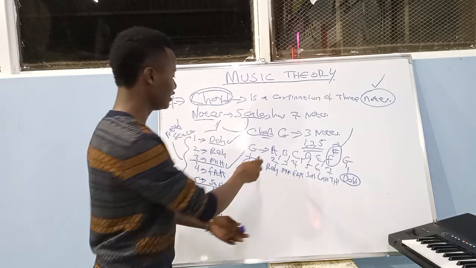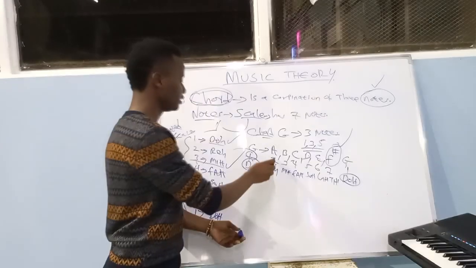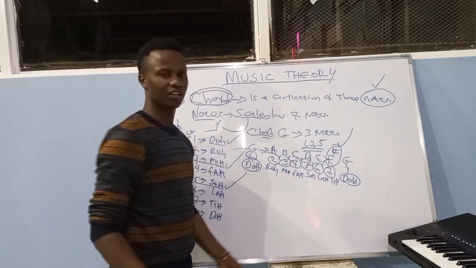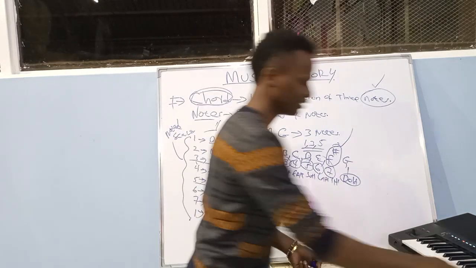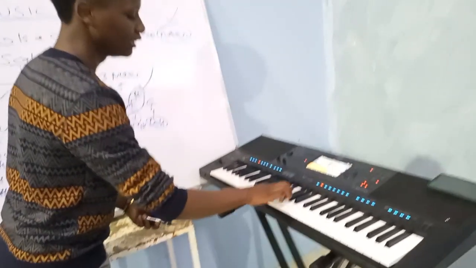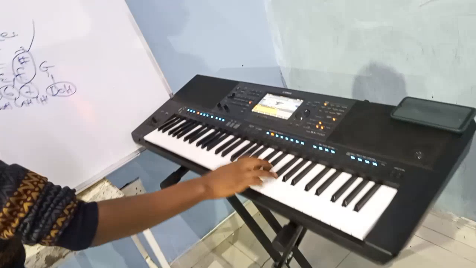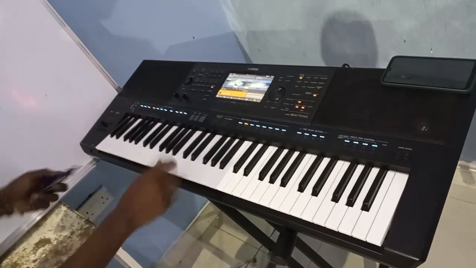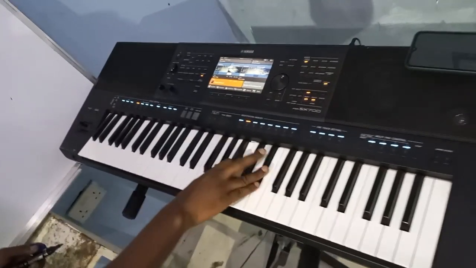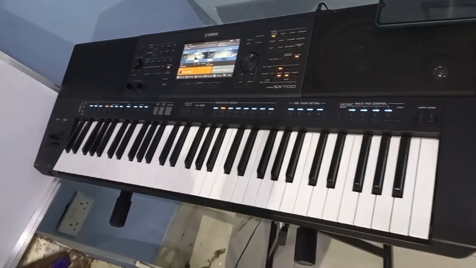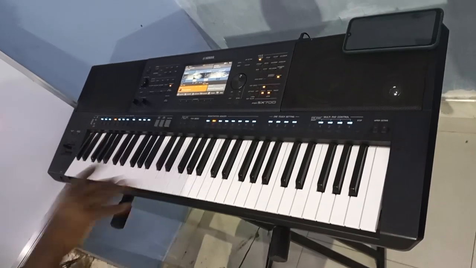You can use the numbers 1, 2, 3, 4, 5, 6, 7. These are the notes. 1, 2, 3, 4, 5, 6, 7, 1. So a chord 1. The next chord will be 2. So from there, next time I'll be showing you the whole of the chords.